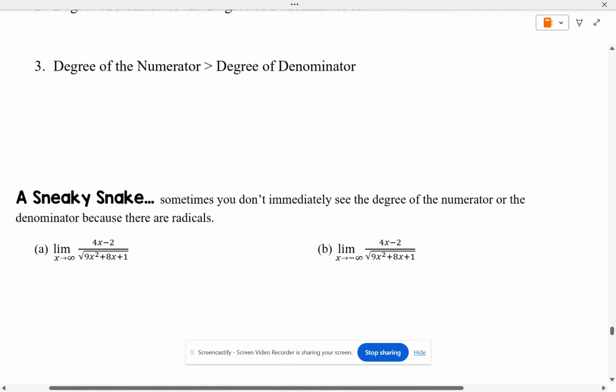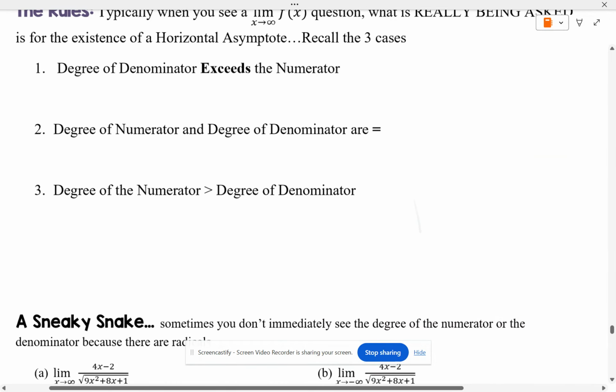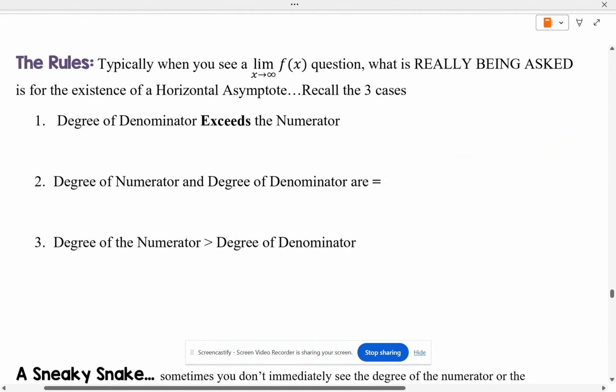Let's go to the rules. We are on page 24. Go to the top of page 24. We are reviewing the rational function rules for horizontal asymptotes. All right, so we know that if the degree of the denominator exceeds the numerator, so now we have a larger degree in the denominator than the numerator.